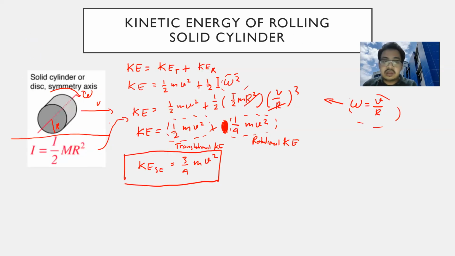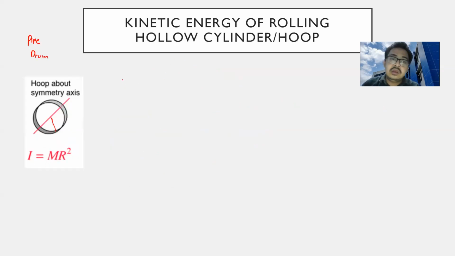So I will just start at this equation. If you want to prove it by yourself, prove it for yourself. But the total kinetic energy of a rolling hoop is equal to half times mv squared plus, basically it's the same, half mv squared. This one is the translational term and this one is the rotational term.